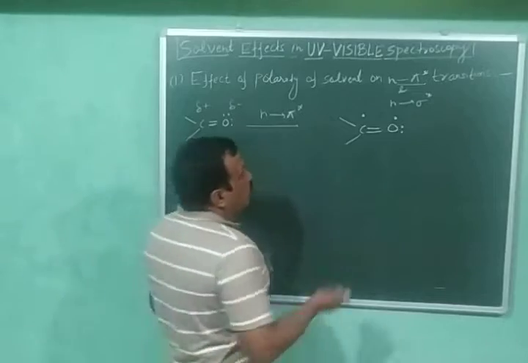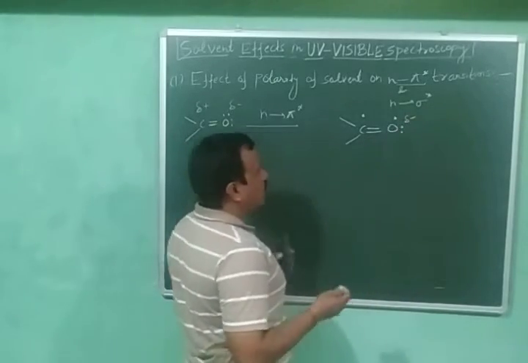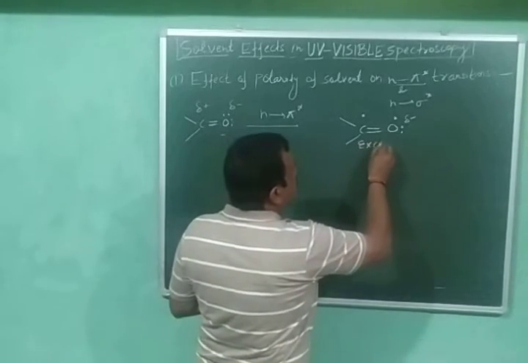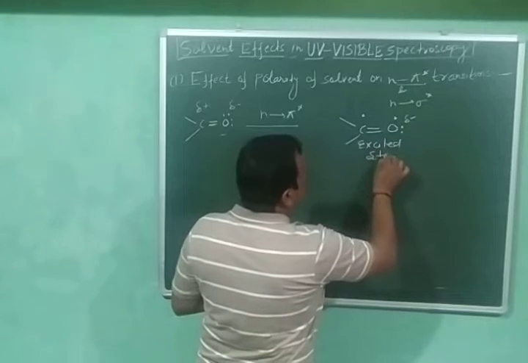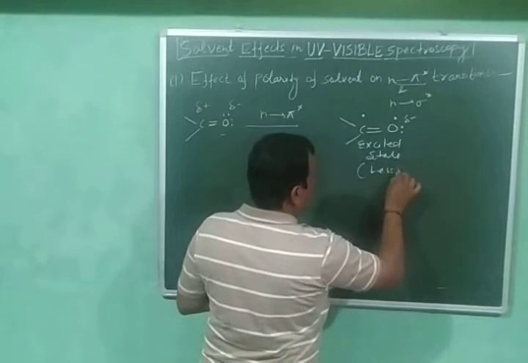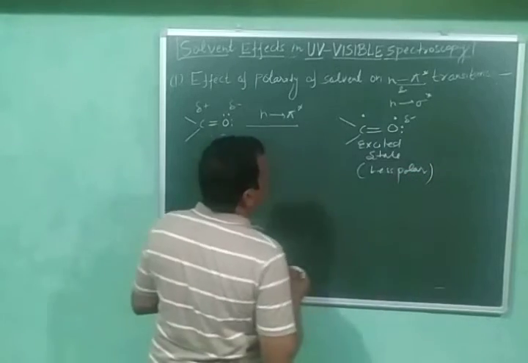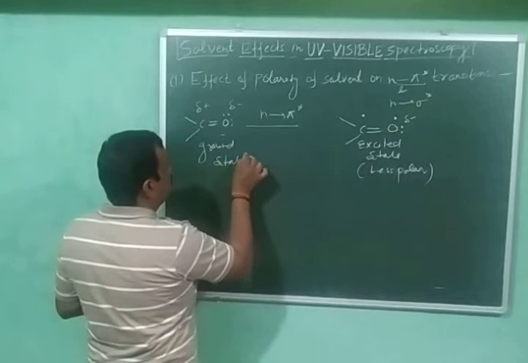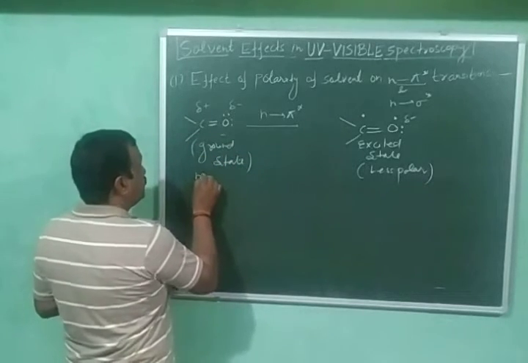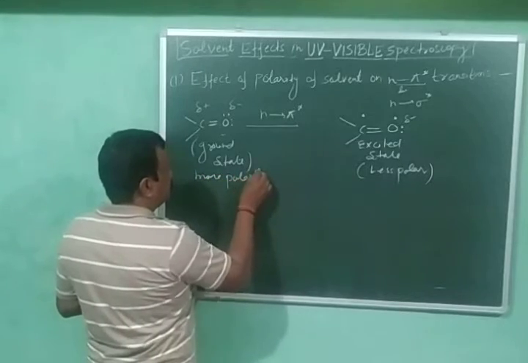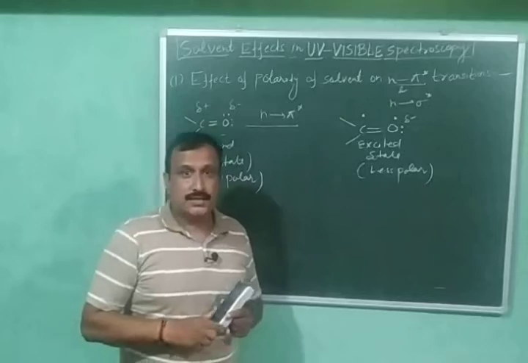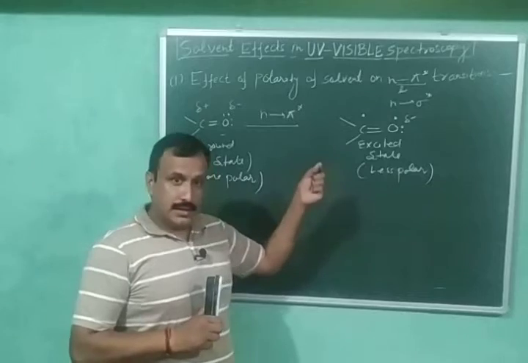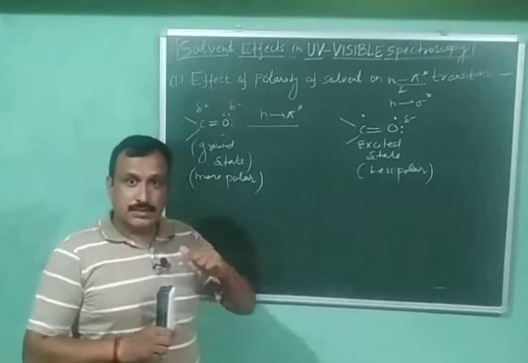So the oxygen atom will have a less negative charge as compared to the ground state. The excited state is less polar as compared to the ground state. The ground state is more polar, because polarity depends upon the charges. Higher the charges, more is the polarity. So here the excited state is less polar and the ground state is more polar.